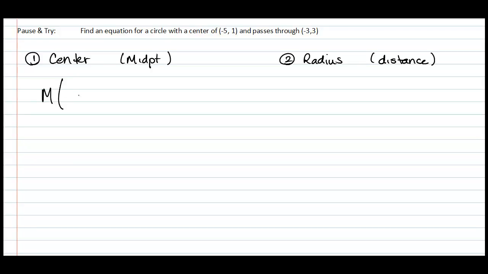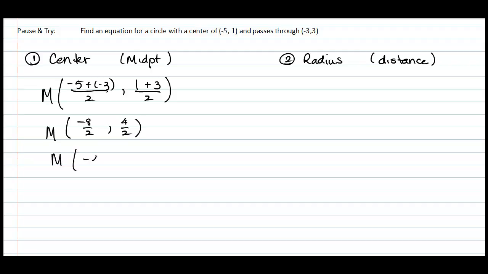The midpoint would be negative 5 plus negative 3 divided by 2, and 1 plus 3 divided by 2. Simplified, it would be the midpoint of negative 4, 2.